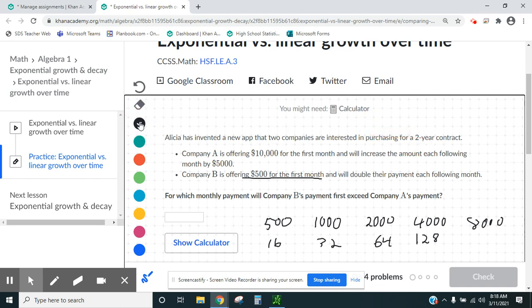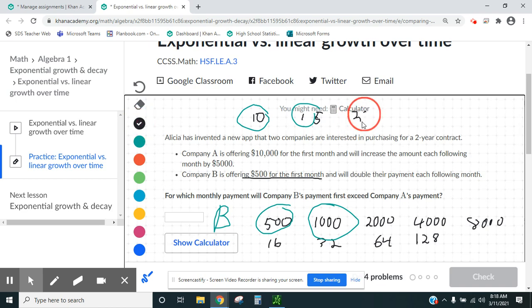Company A is merely adding 5,000 each time. So if it starts at 10, what's the next one? 15. Now what we're doing here is we're comparing month 1 versus month 1, month 2 versus month 2, and we're going to see when does company B turn into a higher number. You understand the problem now? Okay, let's keep going. This is 20. It's 20,000.